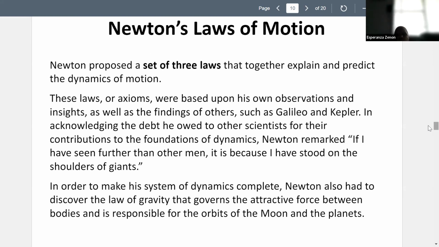We want to keep it focused on Newton's laws at this point. But Newton was very humble in saying that he wouldn't have been able to do the work that he did without the knowledge that had been uncovered and made available by Galileo and Kepler.